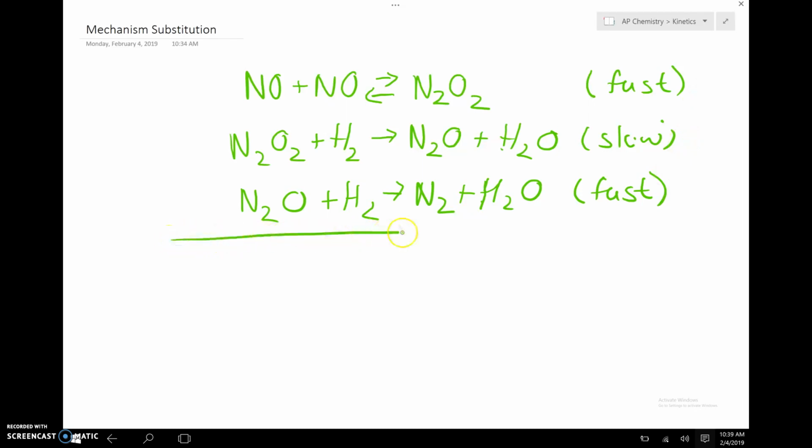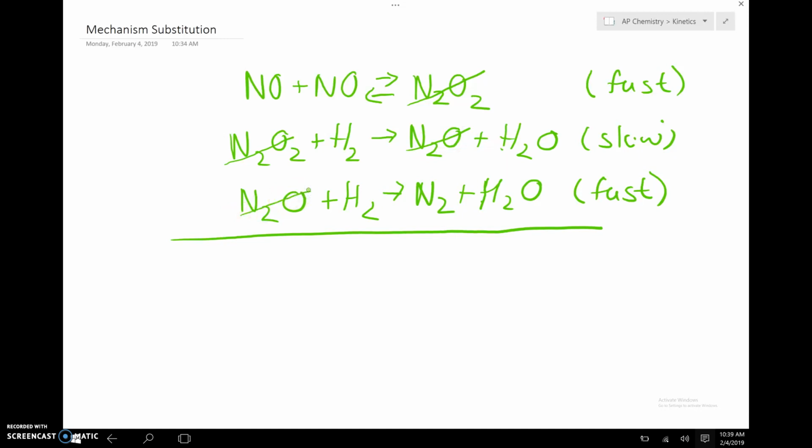First, remember, we can always get the overall reaction for a mechanism, and we would do this by canceling out intermediates and combining like terms. So I'm writing all of the reactants down, minus the ones that show up on both sides. You can see N2O2 is an intermediate, and N2O is an intermediate.